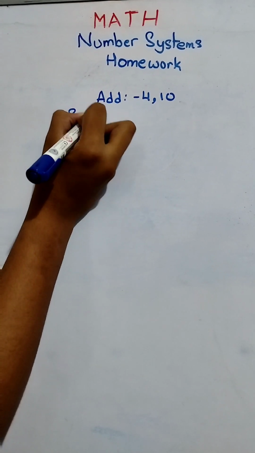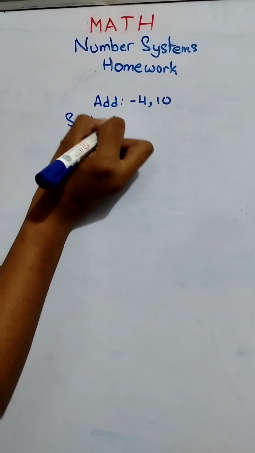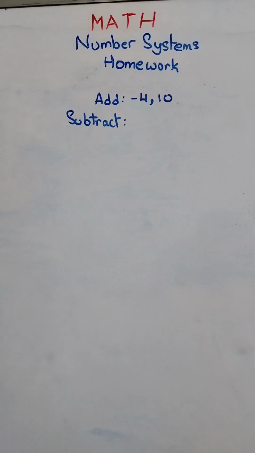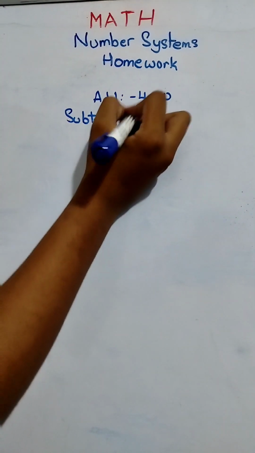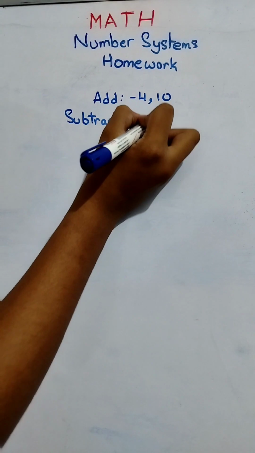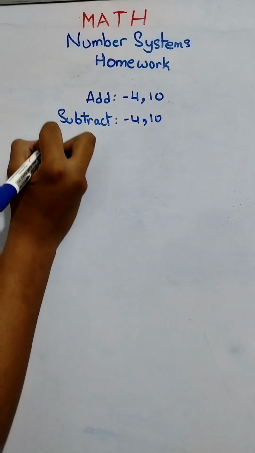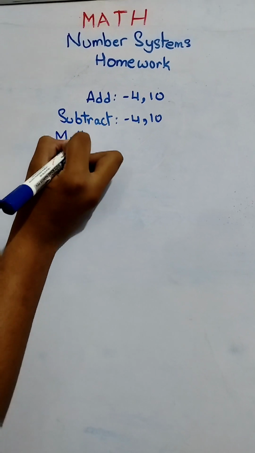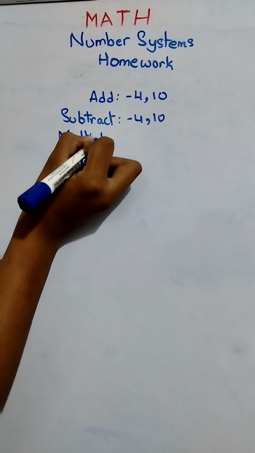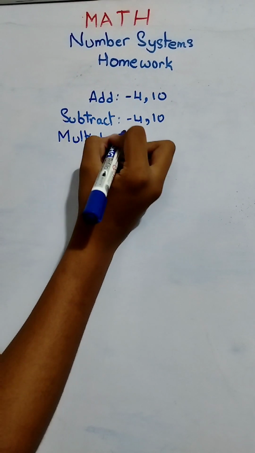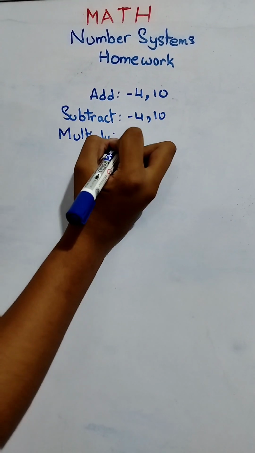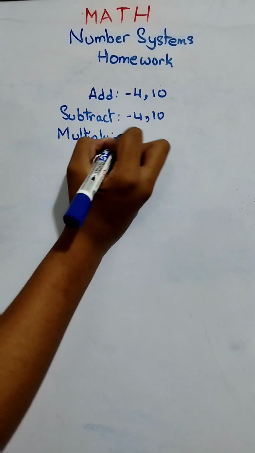Subtract the same number. Multiply, but this time we'll take two different numbers.